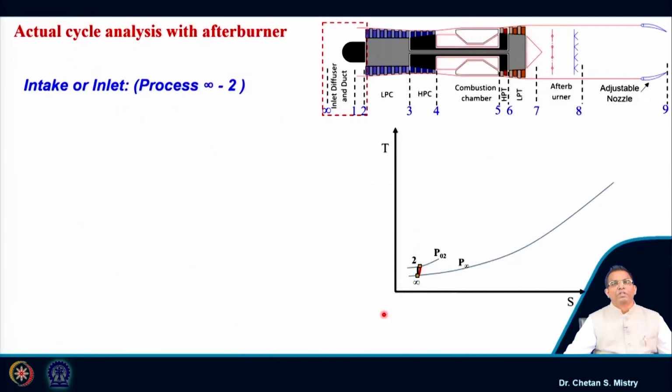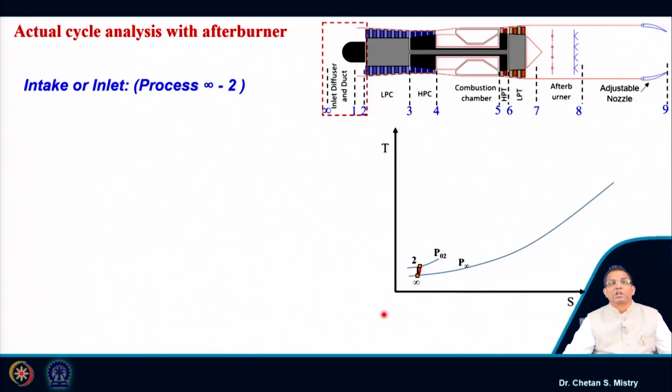Now, let us try to understand the actual cycle analysis when we have an afterburner incorporated, because this is important for doing our cycle analysis. No doubt many things we have discussed earlier are equally applicable here, but for the sake of brevity let us discuss this part.